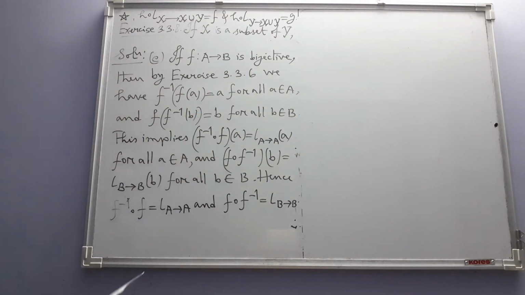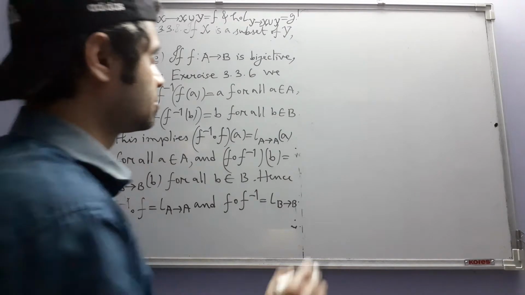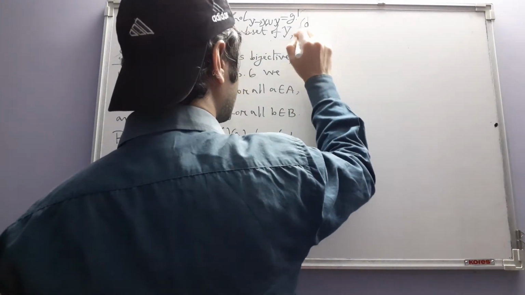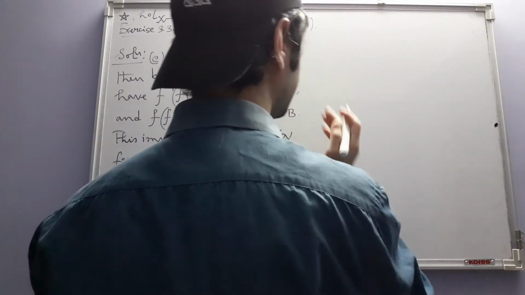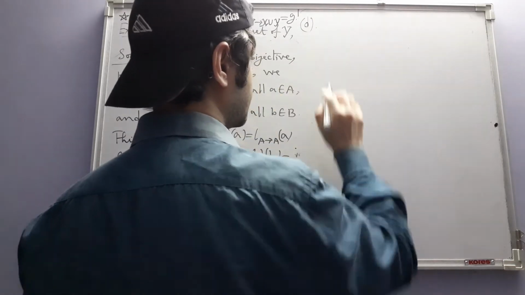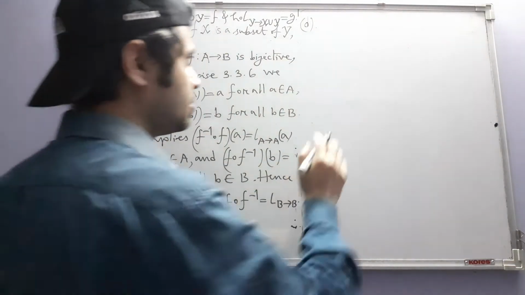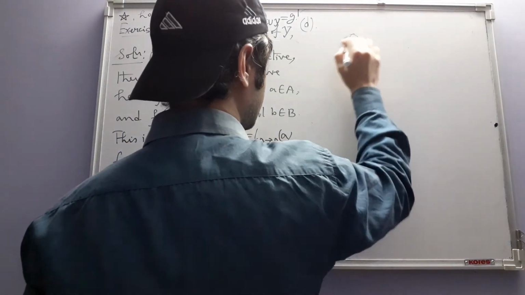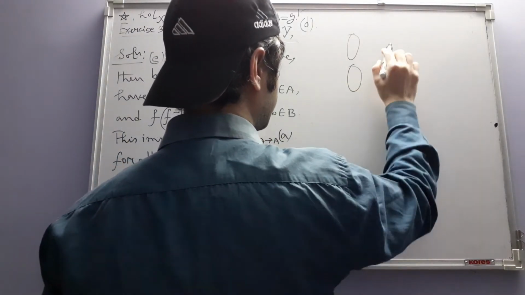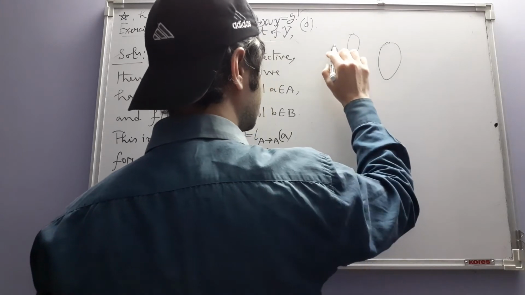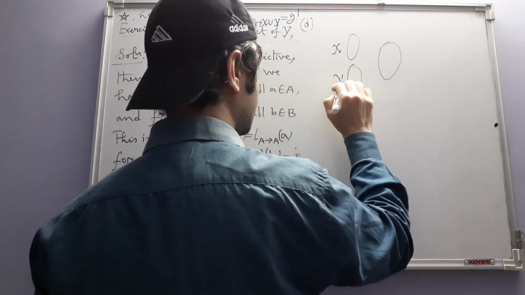Okay, so for the fourth one we are given two functions. What are we given? We are given two sets, X and Y, which are disjoint. It's better to draw a diagram; it looks like this. This is x and this is y.